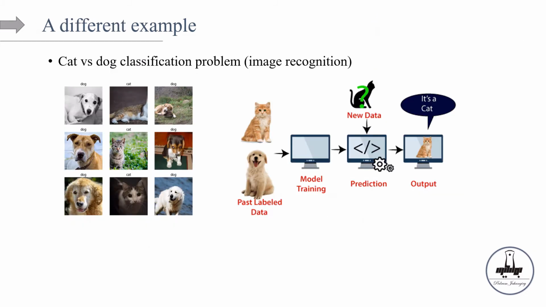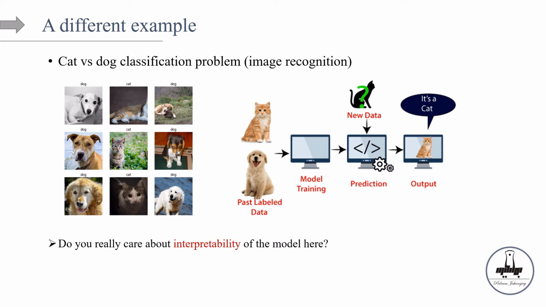Okay, now let's look at a different example. This is what we call image recognition. For example, you're given a bunch of pictures and you want to classify them as cats versus dogs. Where should we start? Is there an underlying theory? How can we model this thing? In this example, I want you to specifically think about this question: at the end of the day, do you really care about the interpretability of the model here?